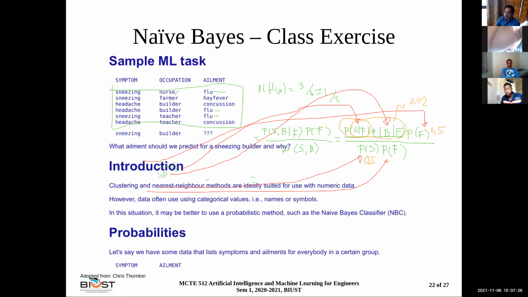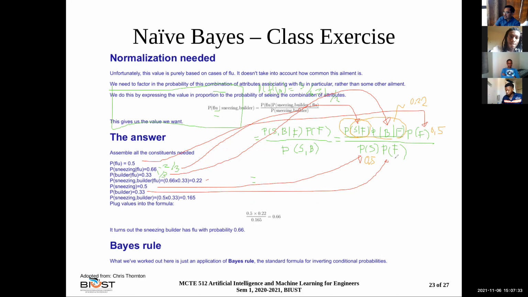Probability of the builder: where's the builder? 1, 2 over 6, so 2 over 6 is 1/3, which is 0.33. So the bottom is 0.165.